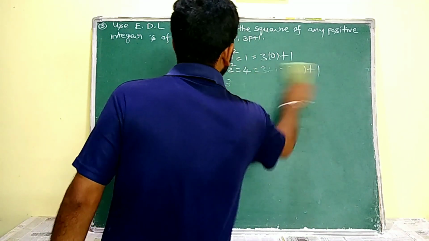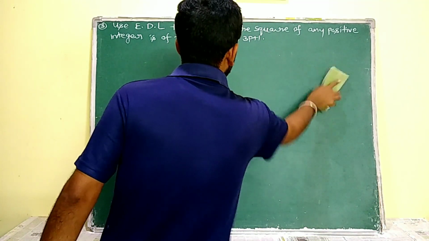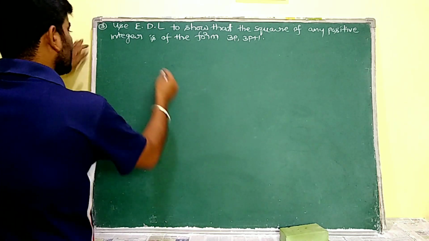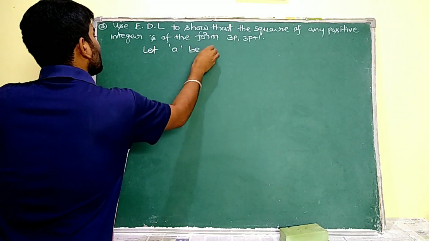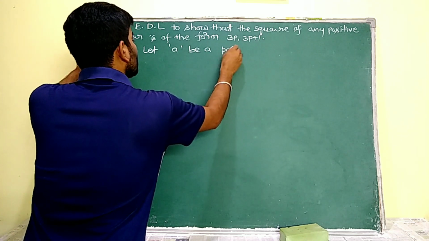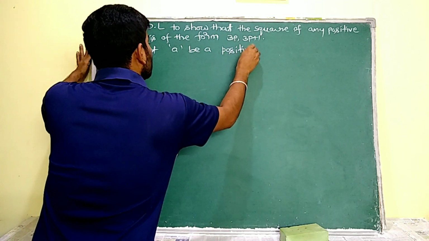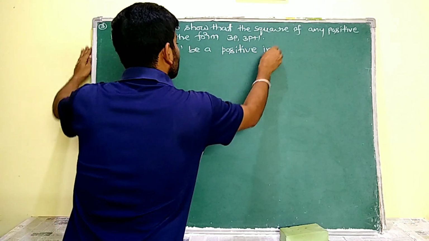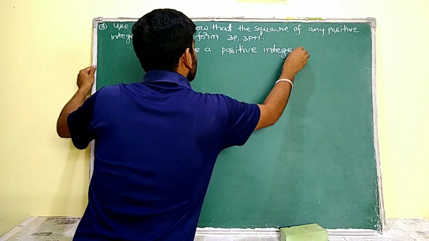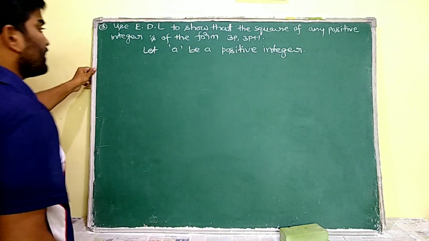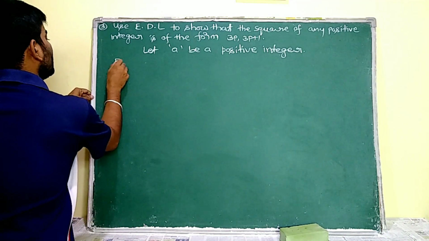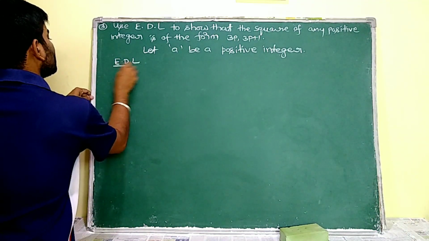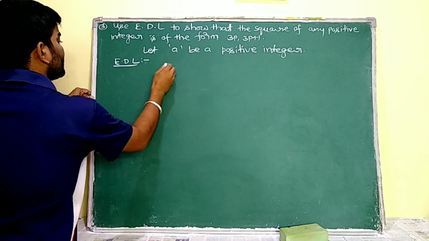For that, firstly let us assume the positive integer is a. Let a be a positive integer. After assuming that, we have to write the Euclid division lemma here.